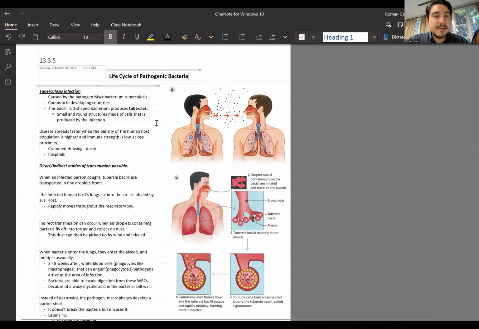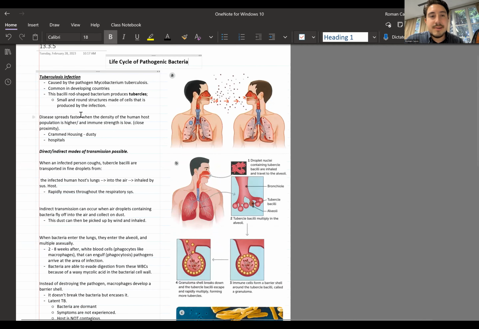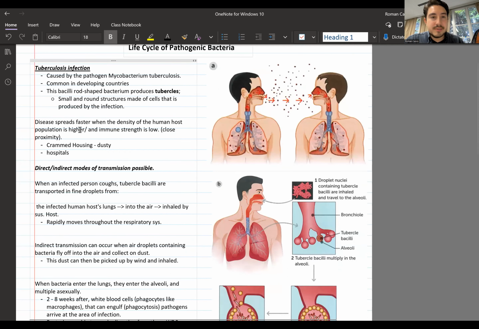So continuing on, now we're going to talk about bacteria. So this is more familiar to what we've talked about before, right? We're going to talk about several types of bacteria, but some of the most famous ones is tuberculosis, right? And tuberculosis infection is caused by a particular bacteria.